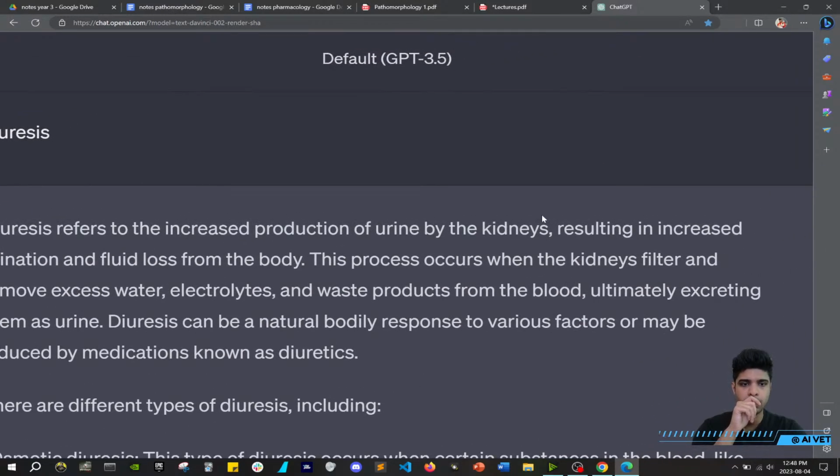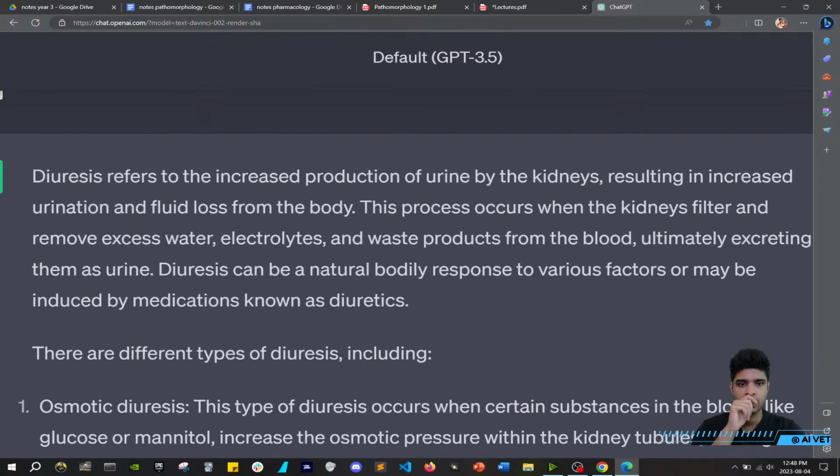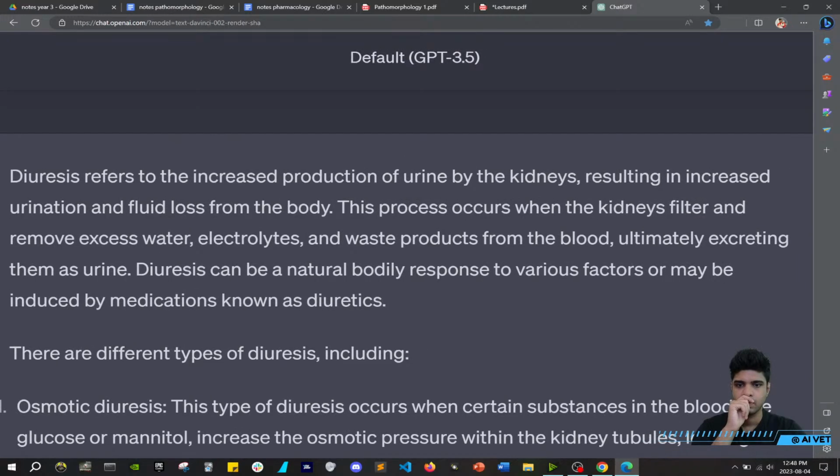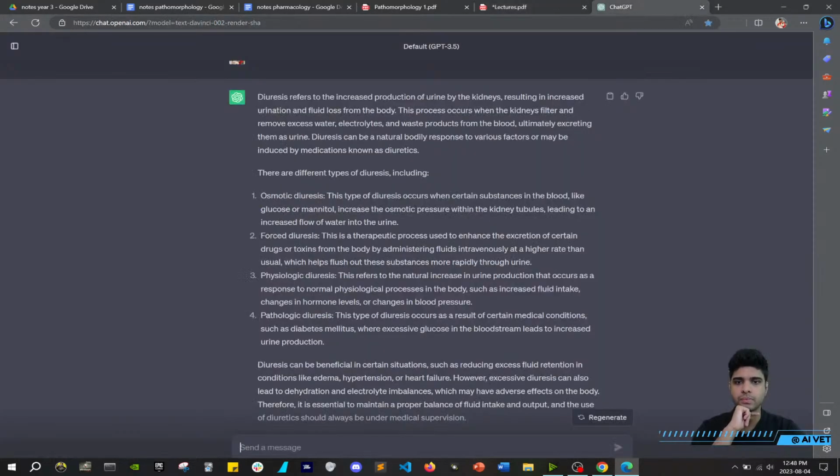Increased production of urine by the kidneys resulting in urination. Carbonic anhydrase inhibition prevents diuresis, increased production of urine. That's what we are trying to prevent. That means basically excess water loss, electrolyte loss, right?